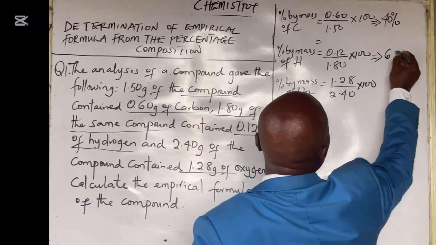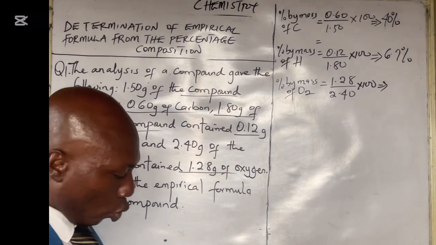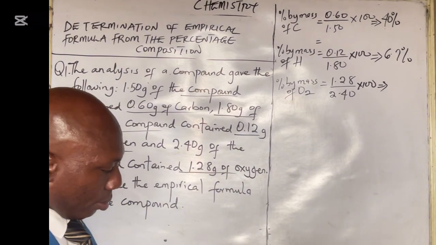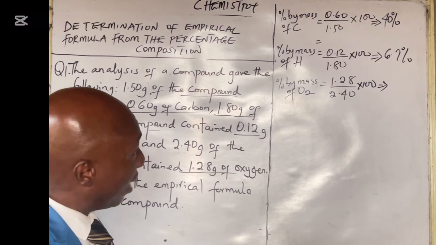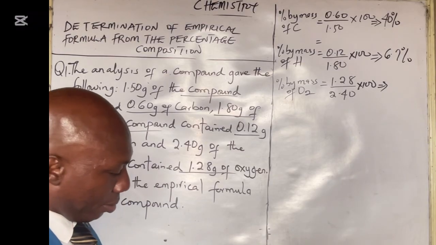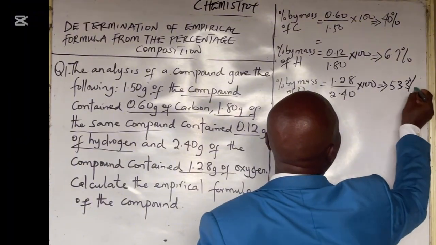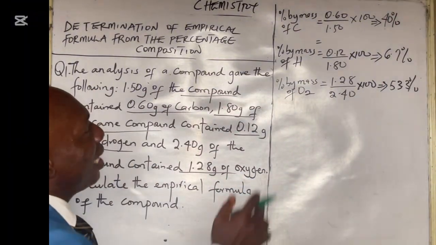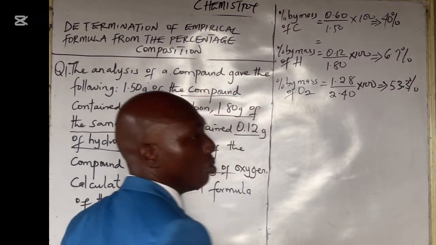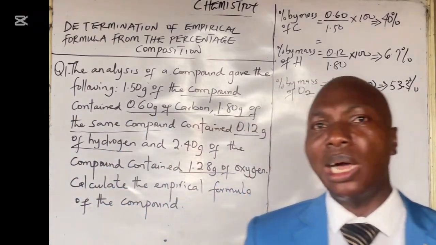The last one is 1.28 divided by 2.4 times 100, that's 53.3%. If you add all of this, 40 plus 6.7 plus 53.3, it must give you 100 to show that you know what you are doing. So we set up our work to calculate the empirical formula.